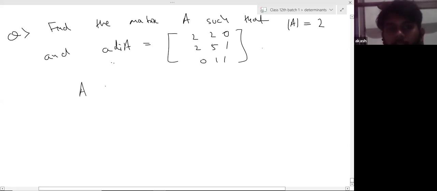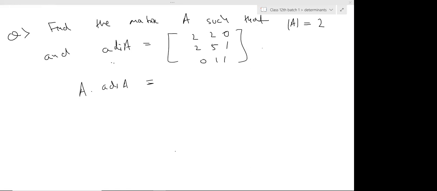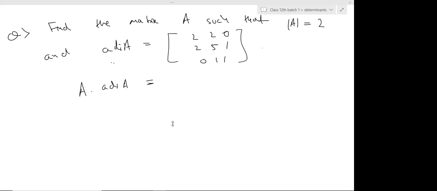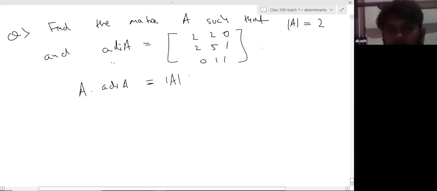We know that A times adjoint of A is what? Can anyone tell me the formula or property? A times adjoint of A is determinant A times I. Absolutely right.